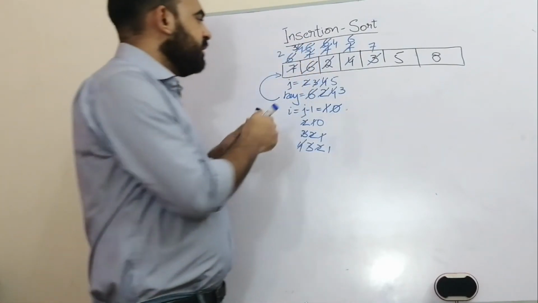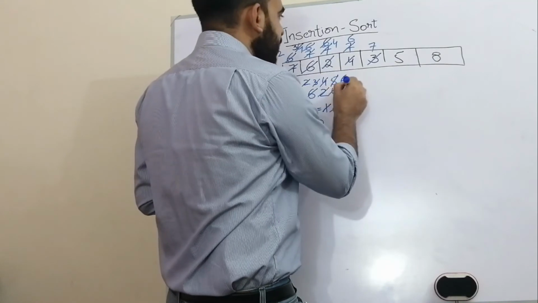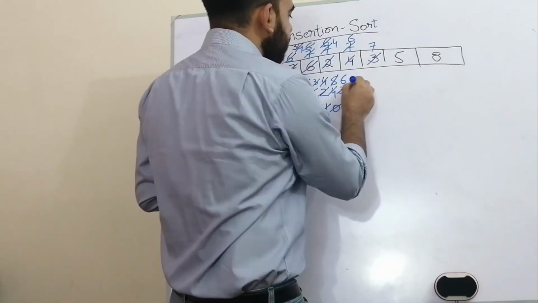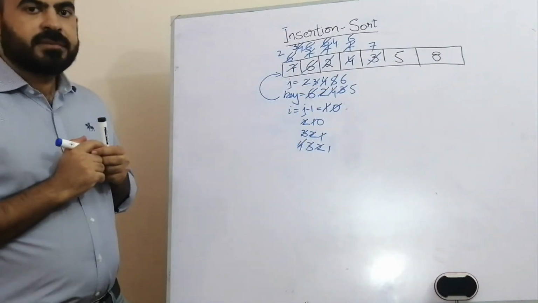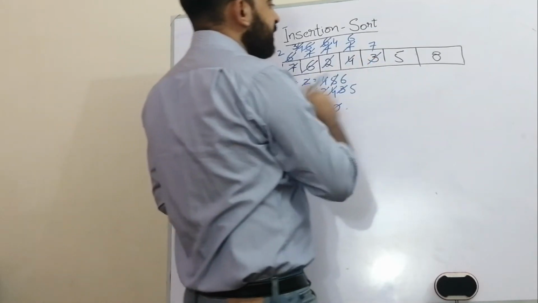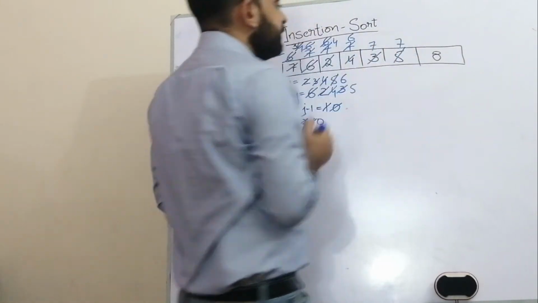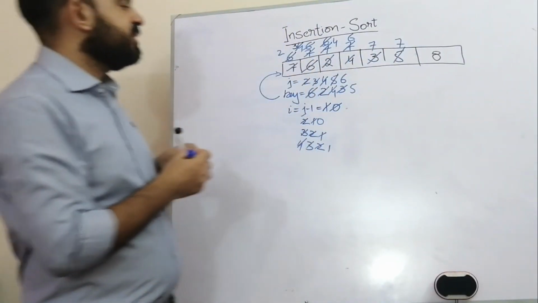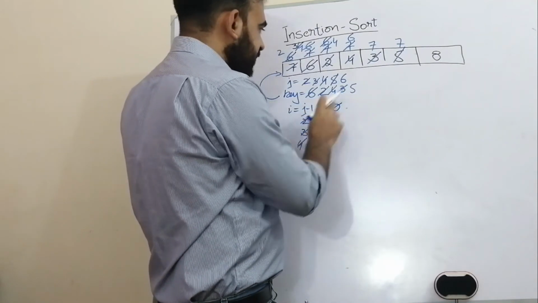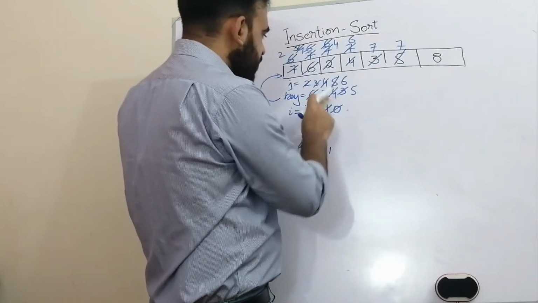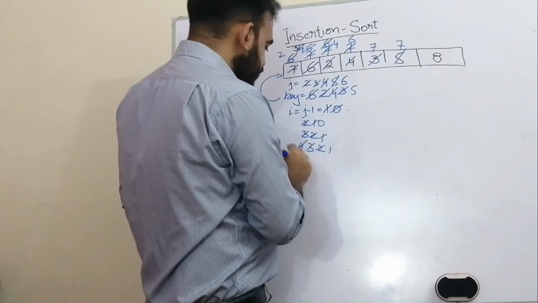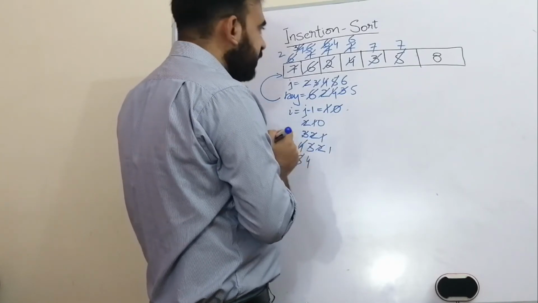Next, j will be incremented to 6 and key will now be 5. It will be compared with 7. 7 will move one position further. 5 will be compared with 6, and i has been initialized to 5 and becomes 4.